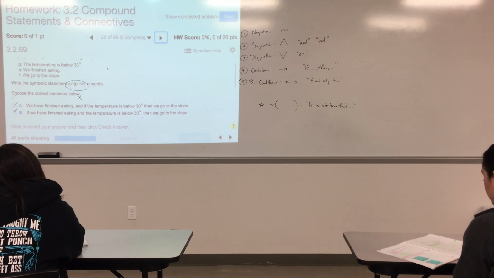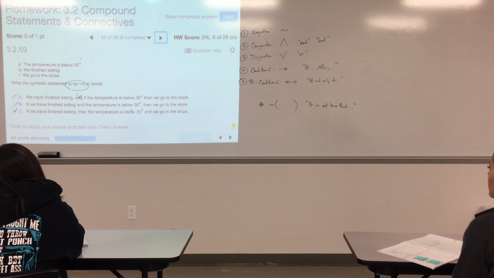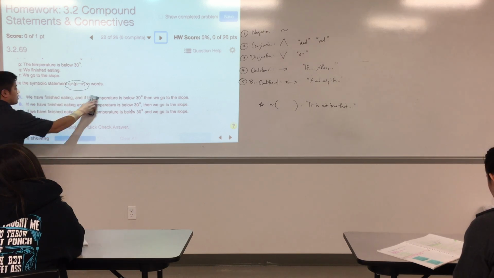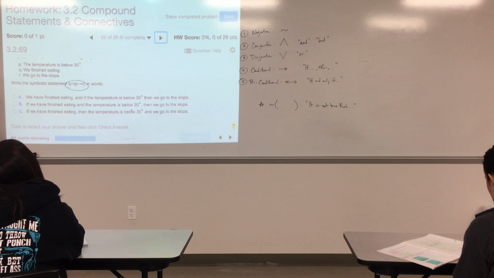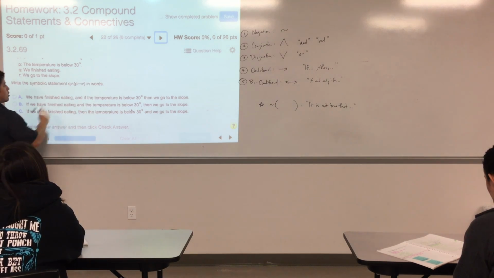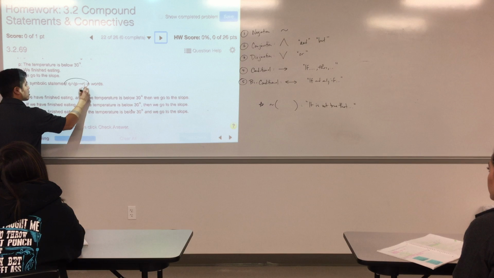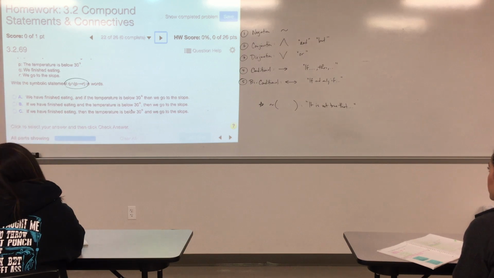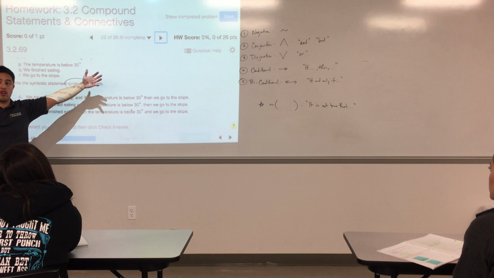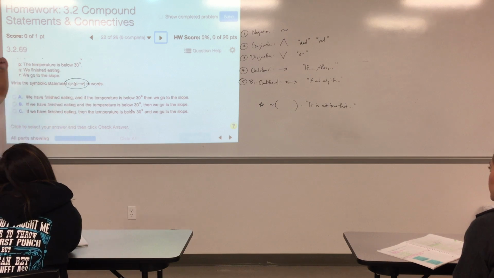Let's do another one. All right, here's our next one. Q, conjunction, parentheses, P, conditional R. Now here's a question. Is this problem an if-then overall? Overall?